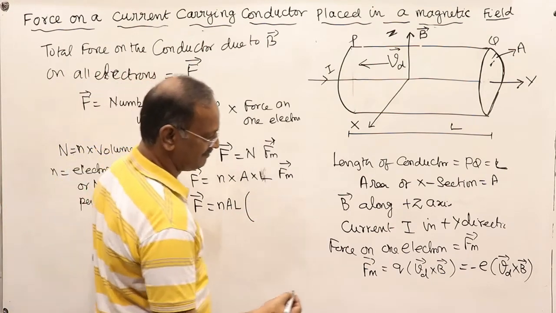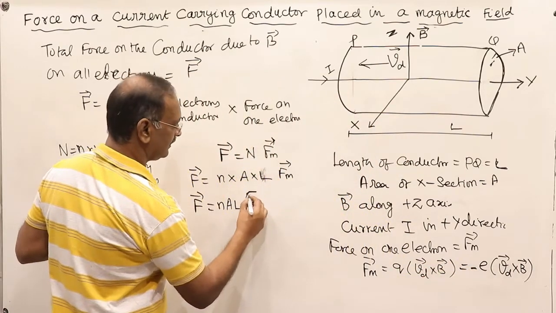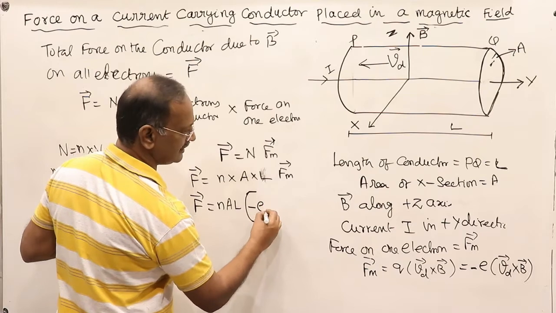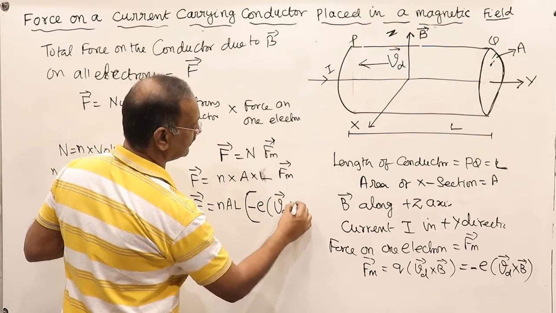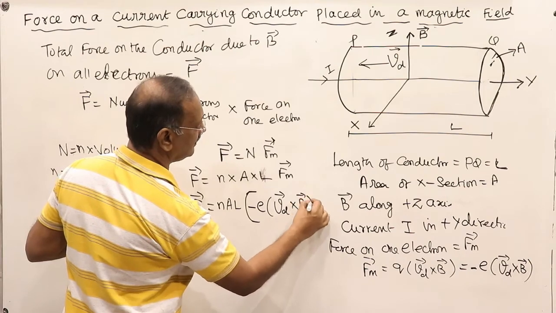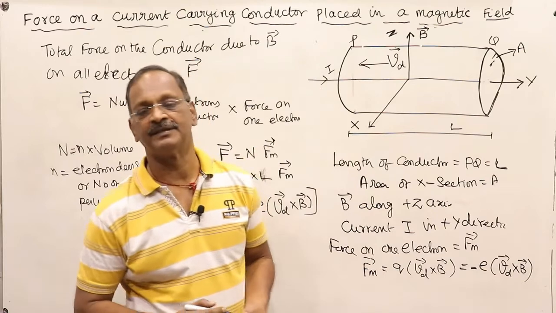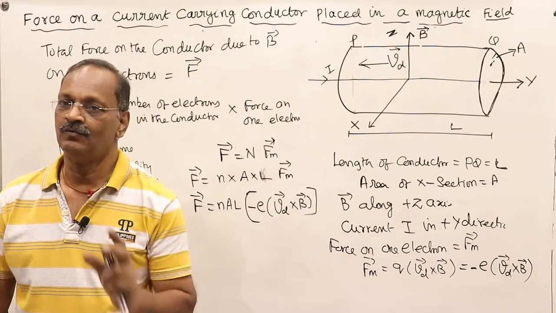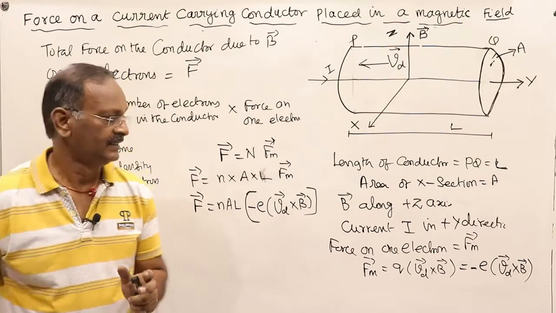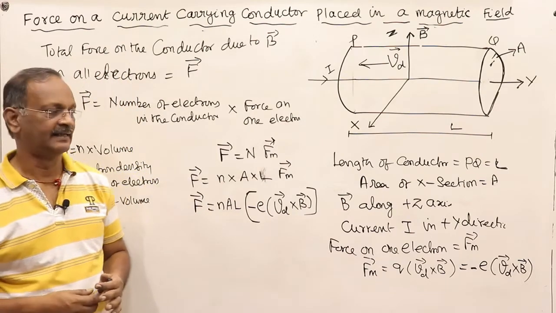Fm is equal to minus e into Vd cross B. This is the Fm. Fm is given by this expression. So total number of electrons multiplied by the force on one single electron, that is the total force on the current carrying conductor.